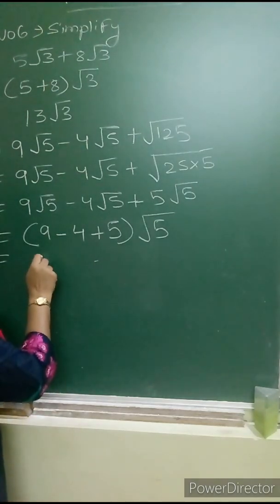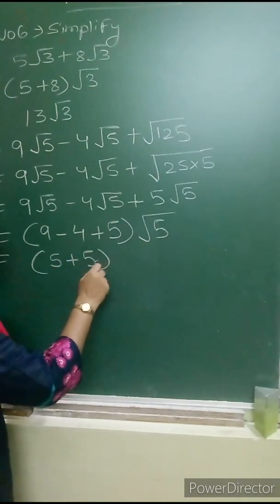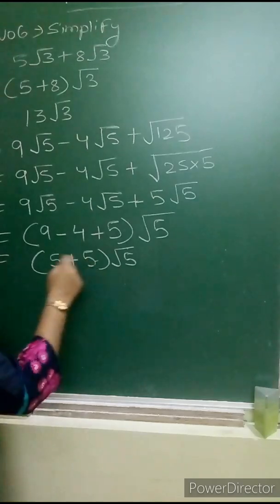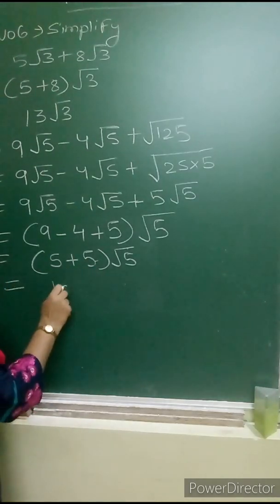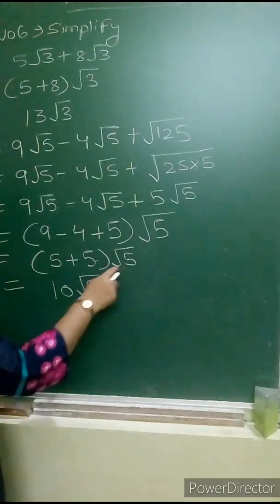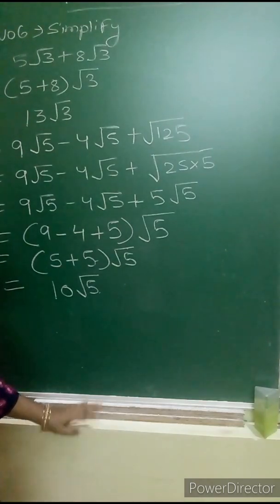So 9 minus 4 gives you 5. So 5 plus 5, and here square root of 5. Then 5 plus 5 gives you 10, and the radicand square root of 5 remains as it is. So this is our final answer, 10 root 5.